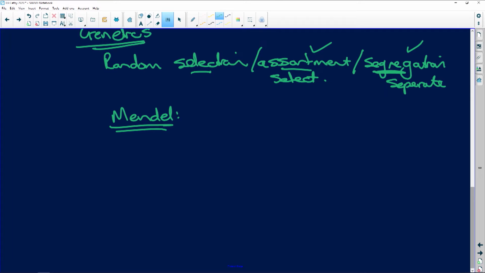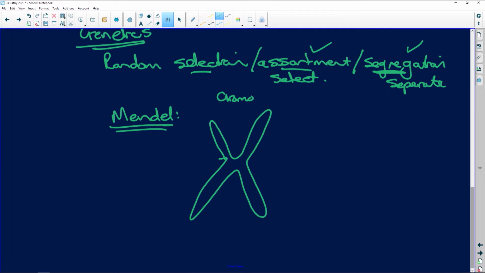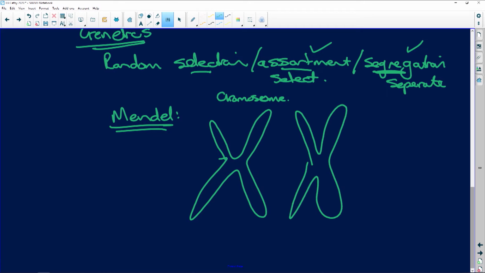If I have on a chromosome, a chromosome, and on that chromosome, so this will be the dad chromosome, and this is the mom chromosome, or the paternal and maternal chromosome.